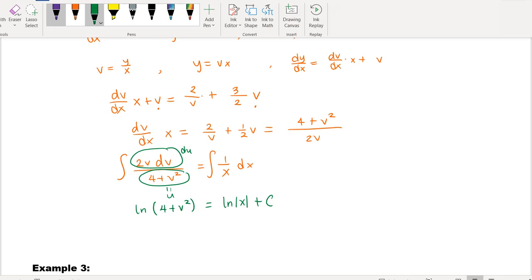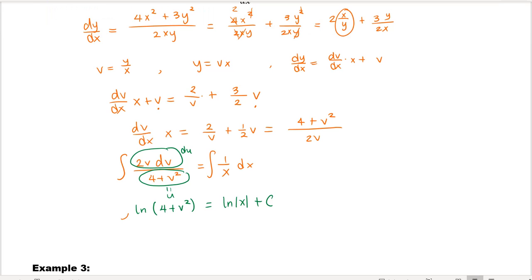Okay, now we can raise e to the power of both sides. So what happened? e and ln cancel, so we have 4 plus v squared equals e to the ln of x plus c. You can consider this guy as e to the ln of x times e to the c. The e and ln cancel, so absolute value of x times e to the c.